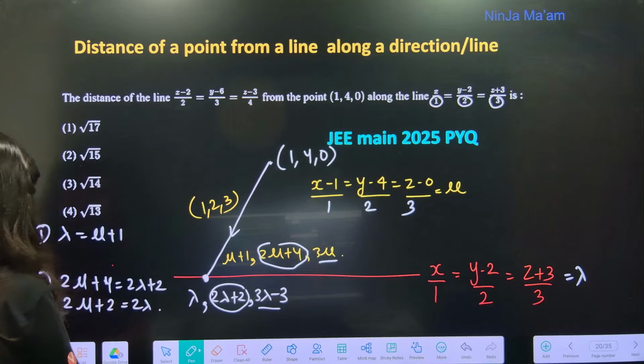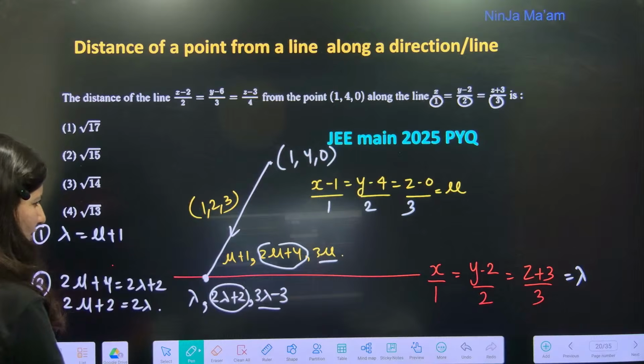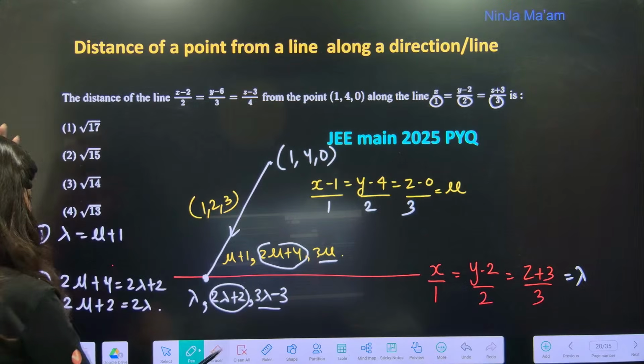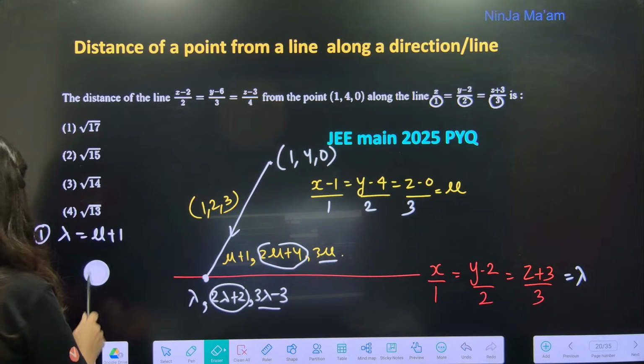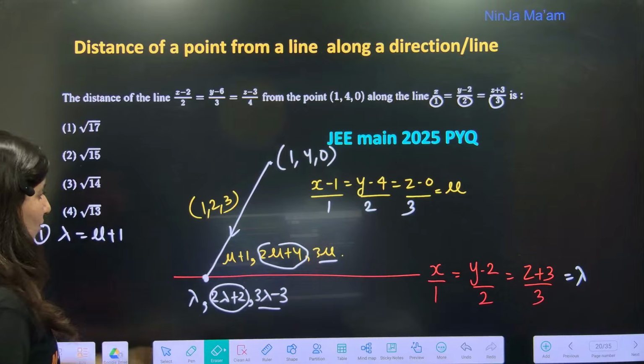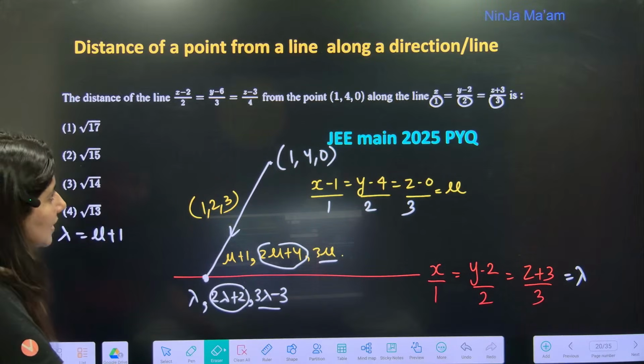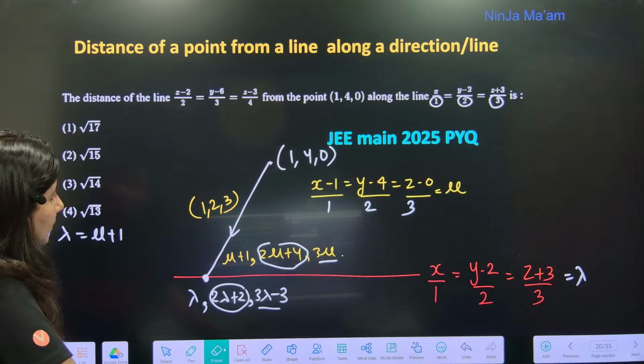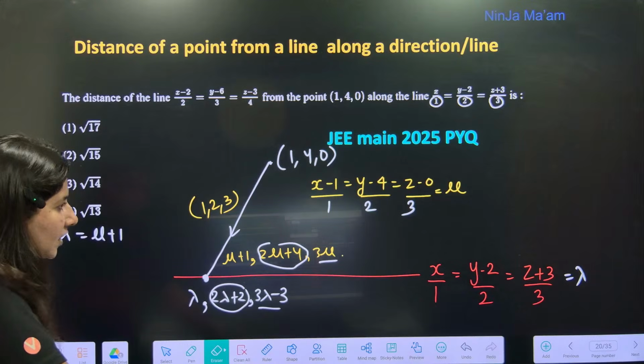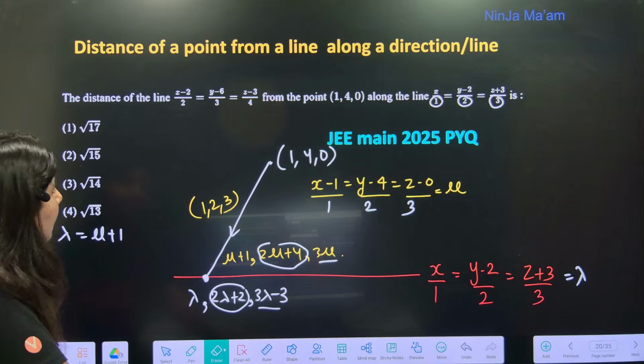So lambda is equal to mu plus 1 from here also. How will I get the value of lambda? Lambda is coming out as just mu plus 1. Have I done 2 lambda plus 2 correctly? 3 lambda.